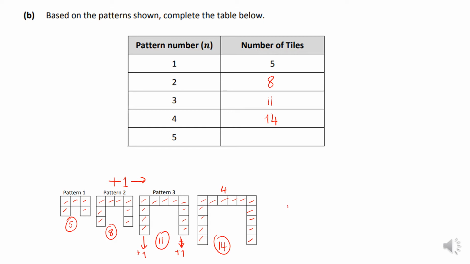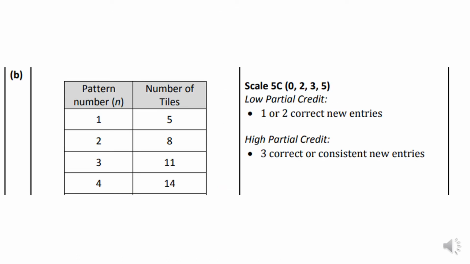Okay, and you can see that with the number pattern here. 5 to 8 is plus 3, 8 to 11 is plus 3, 11 to 14 plus 3, and so we'll add another 3 to get the 5th one, which we haven't drawn, and that is 17. Okay, so that's the table complete. Let's check the answer, and we got it correct.